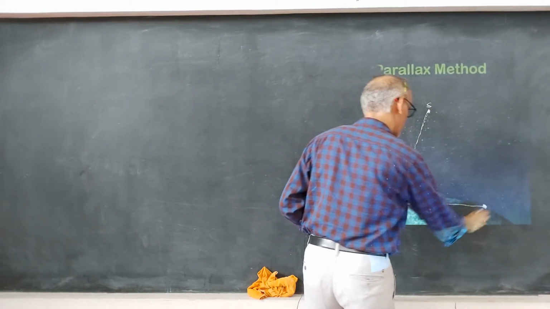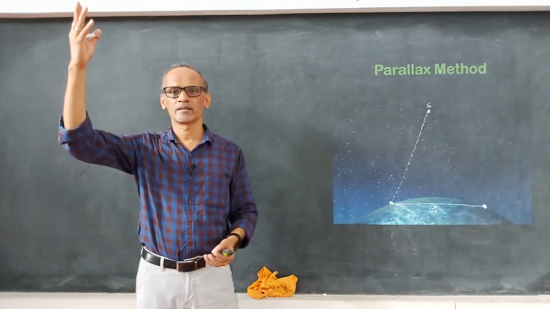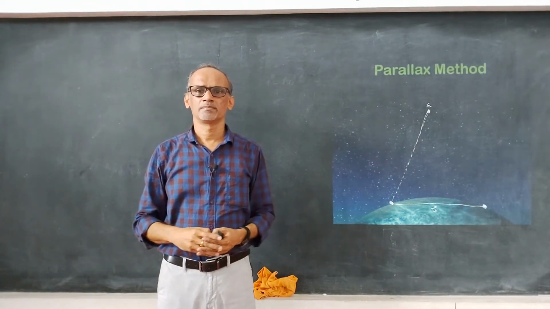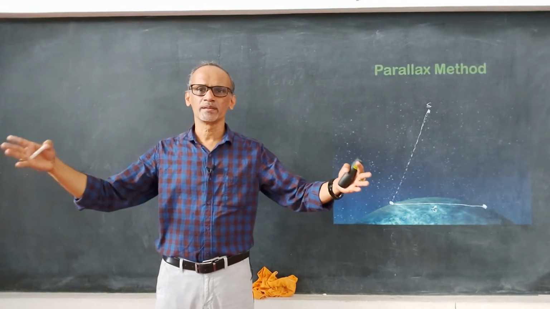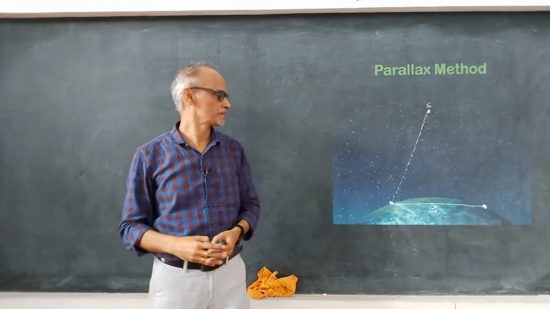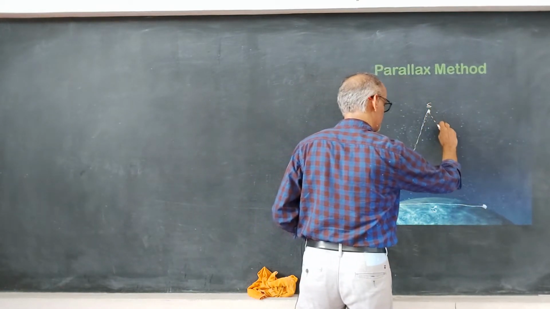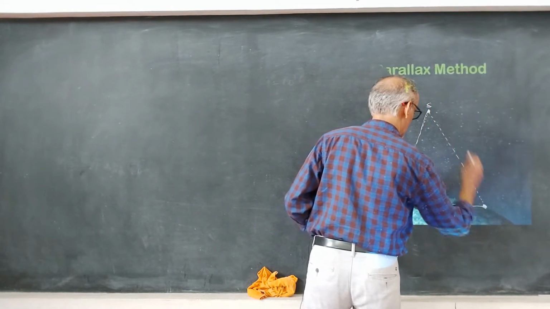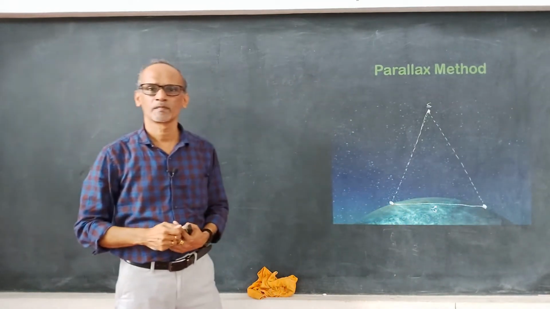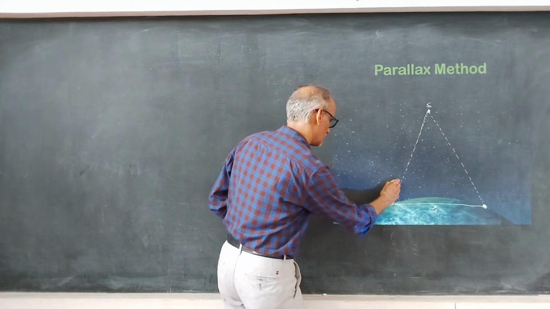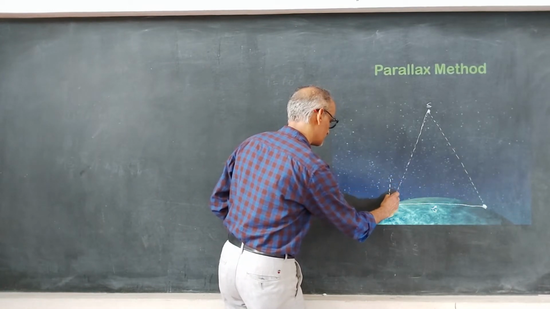Again from the other location, because one star is visible from a lot of locations on the surface of the earth, correct? So again from another location, the same star is viewed like this. And now here we can measure this angle.